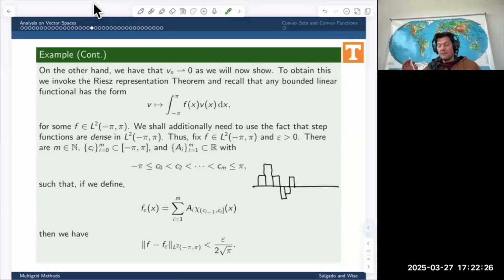Actually, we'll prove the Riemann-Lebesgue lemma, or you can quote it if you know it, and then show that essentially if I put Vn in here, this limit as n goes to infinity is always going to have to be equal to zero, following from this fact, the step function density and the Riemann-Lebesgue lemma. So I'll stop there and take any questions that you guys have.